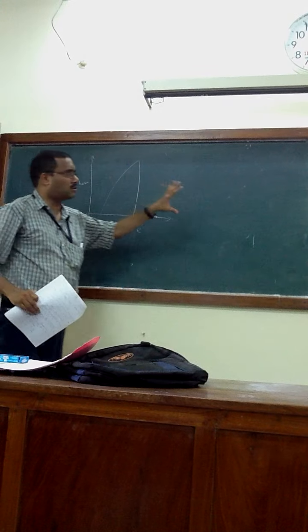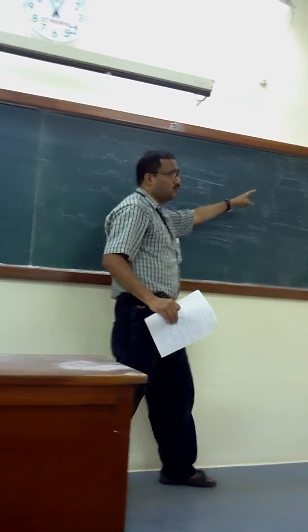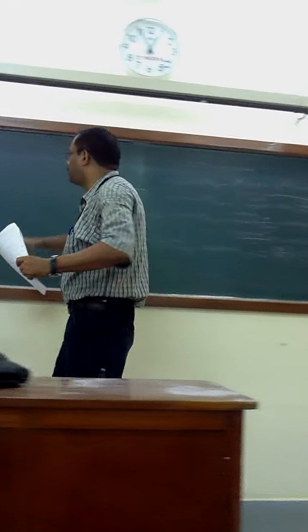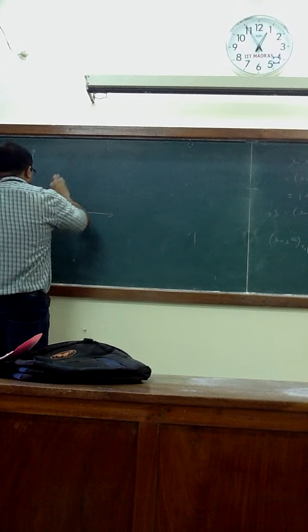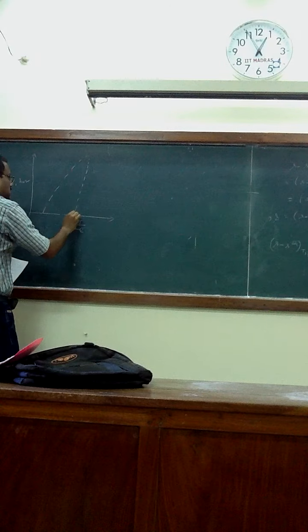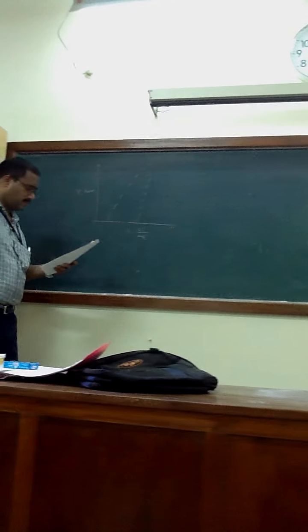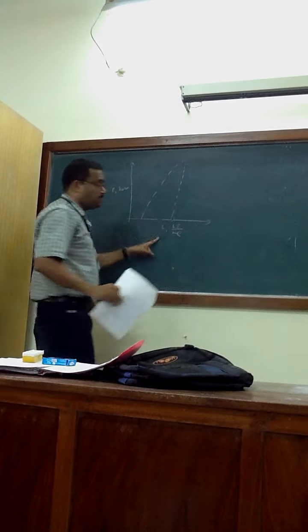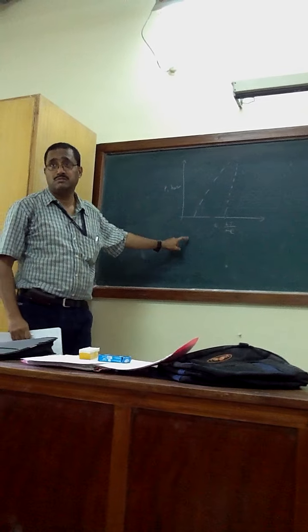This zone is like this zone. If you want, you can put a dotted line for your benefit. This is your vapor liquid regime. So please remember the pH, not PV diagram. This pH diagram.